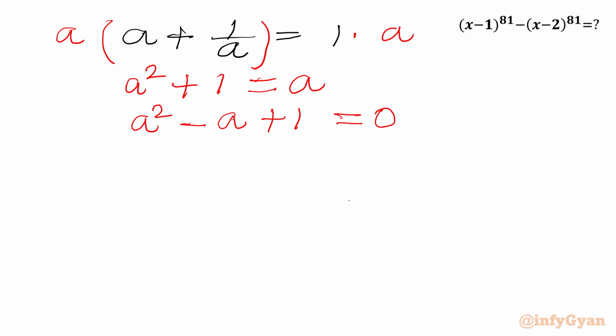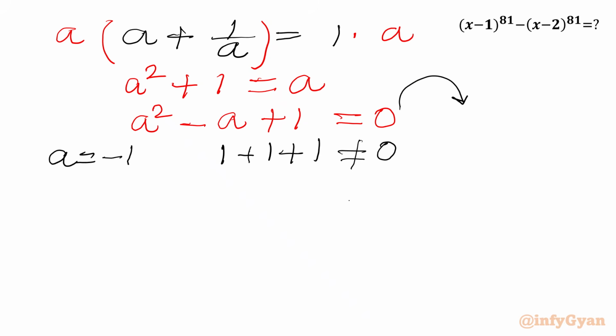Now we can check our equation at a equal to negative 1. So I will get negative 1 square, plus 1, minus of minus 1, plus 1, which is 3; right hand side is 0, which is not true. So a cannot be equal to minus 1, or a plus 1 cannot be equal to 0. So we can multiply both sides by a plus 1.